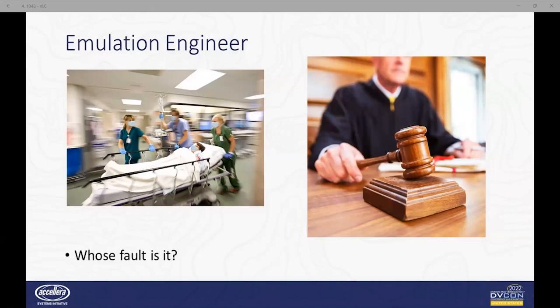When the software team disagrees with the hardware team on the implementation, the emulation team is a judge who presents the evidence to the system architect, who makes the final call.